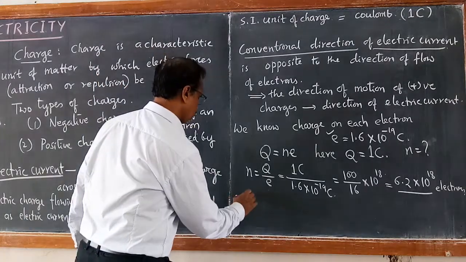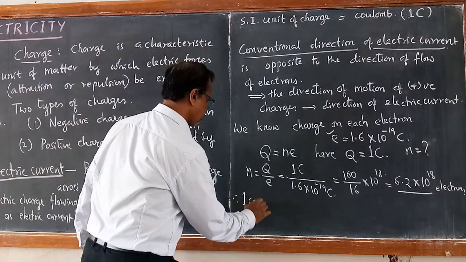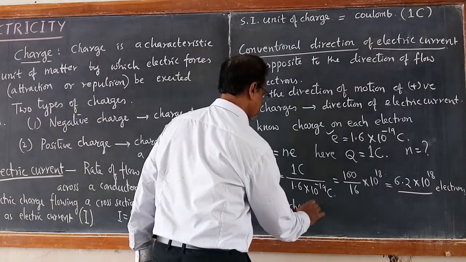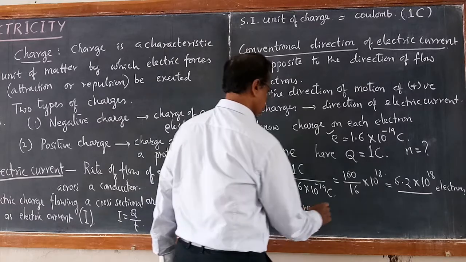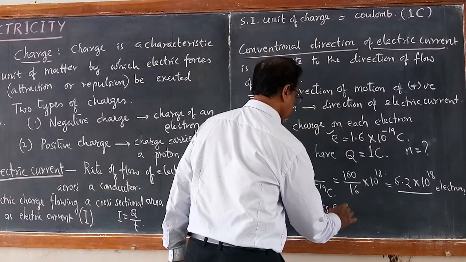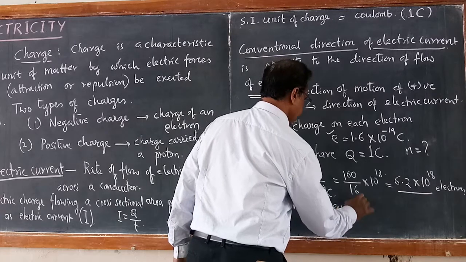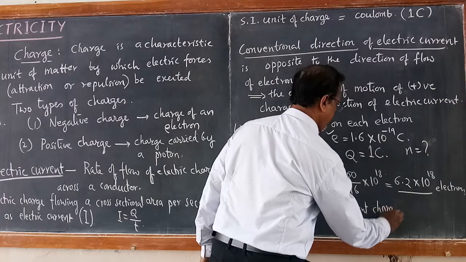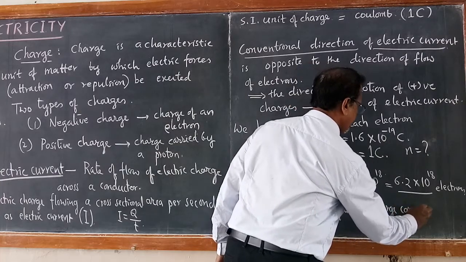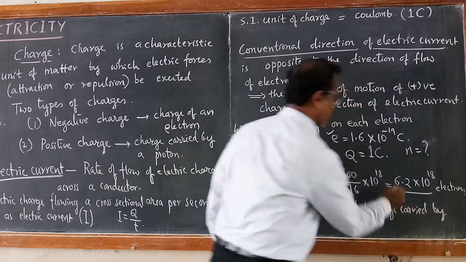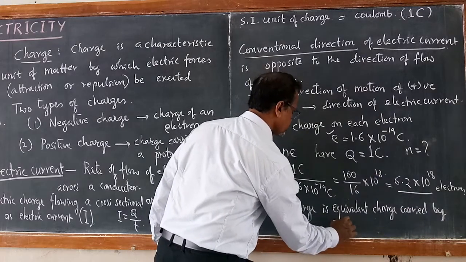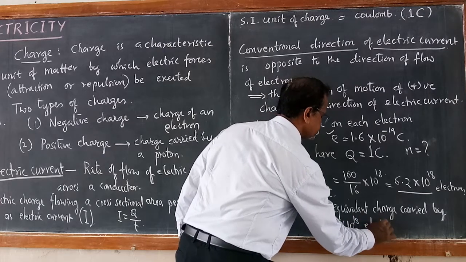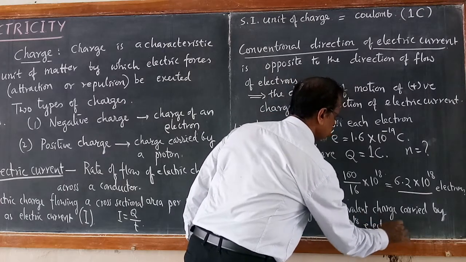Therefore, 1 coulomb of charge is equivalent to the charge carried by, to remember easily, 6 into 10 raised to 18 electrons.